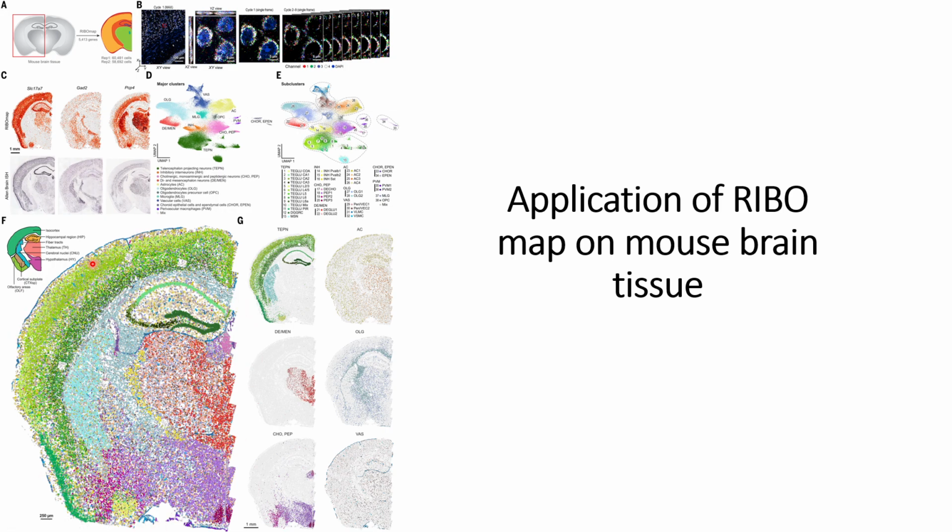Thereafter, they tried to map this part of the brain with the help of RIBOmap, and they can see that the resemblance between the mapping done by RIBOmap and the data available in the literature are highly correlated with each other. And later on, they presented the data for some specific parts or some specific genes in panel G, in order to depict the specificity or accuracy of RIBOmap.